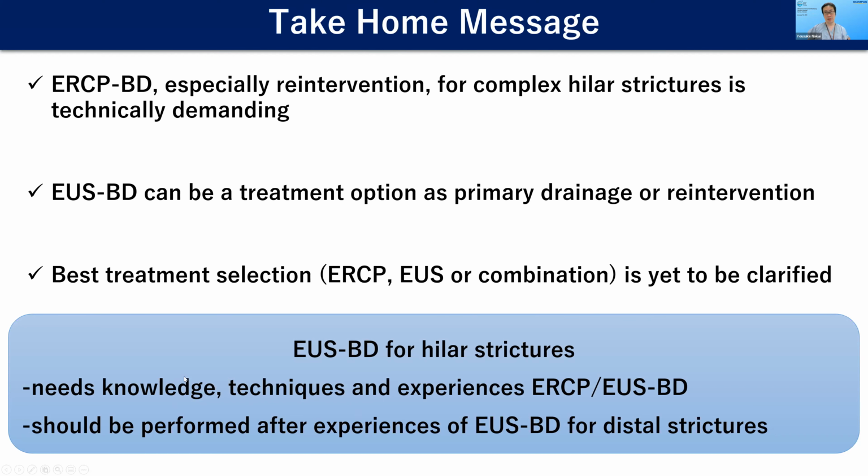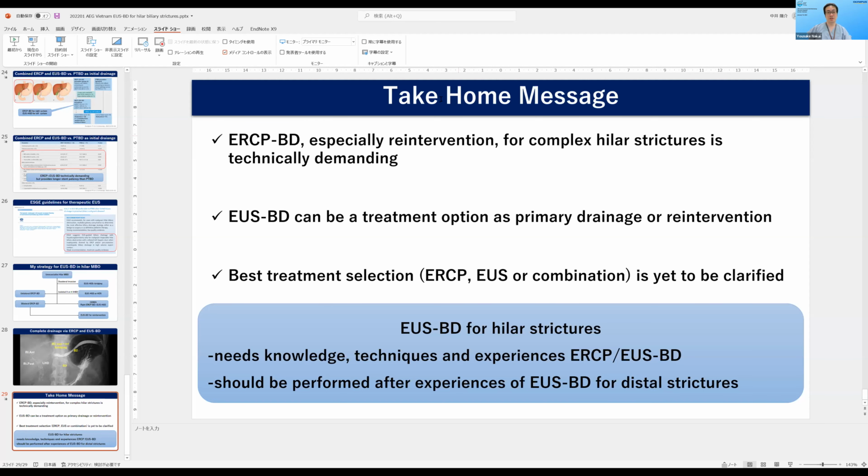And I cannot recommend EUS-guided biliary drainage for hilar stricture as an introduction to EUS-BD. First, we have to perform EUS-BD for distal stricture because it's technically easier. And then after that, we should perform EUS-BD in those patients. Thank you for your kind attention.